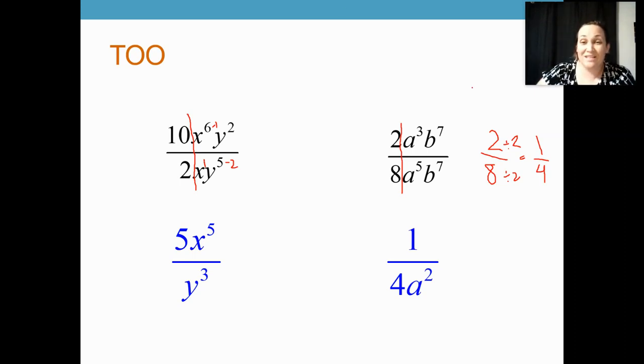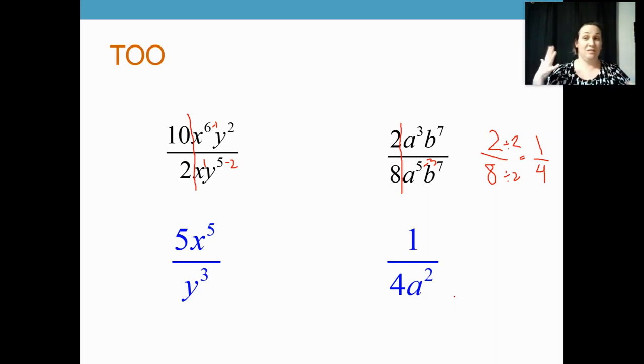For my a's, I subtracted on the bottom, so 5 minus 3 is a squared. And then for my B's, I had the exact same thing on the top and the bottom. It was B to the seventh and B to the seventh. So if we think visually again, all 7 of the B's are going to be able to cancel.